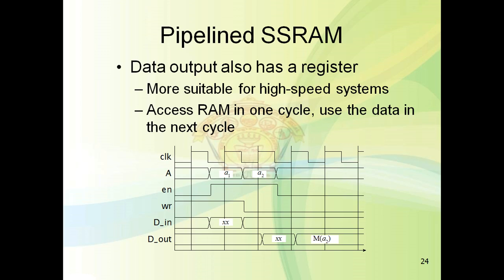So you can see here, in the first clock cycle and then the next clock cycle, the data indicated by MA2 will be moved onto the output data lines. So this is about the pipeline SRAM, to improve the speed or the access time.